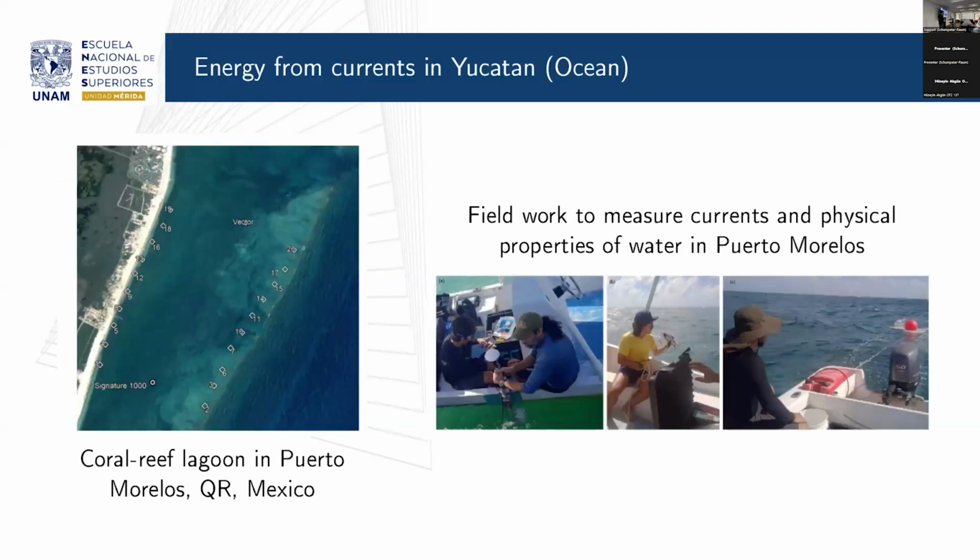The motivation for this work is that at the Escuela Nacional de Estudios Superiores, Unidad Mérida, we are located in South Mexico, in the Yucatan Peninsula. We have a very strong group of physical oceanographers who have been making great efforts to assess the availability of renewable resources based on marine currents.